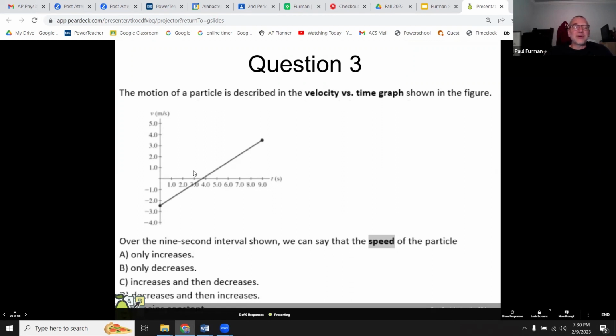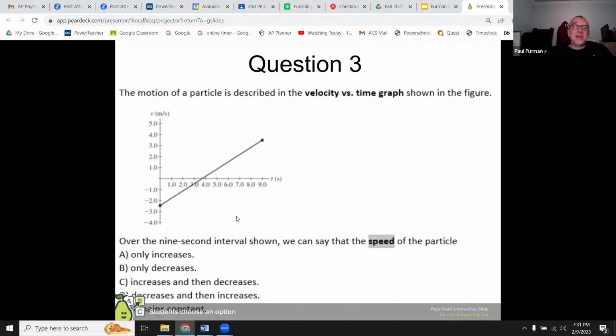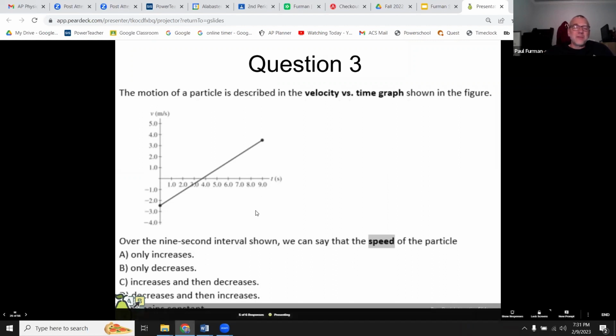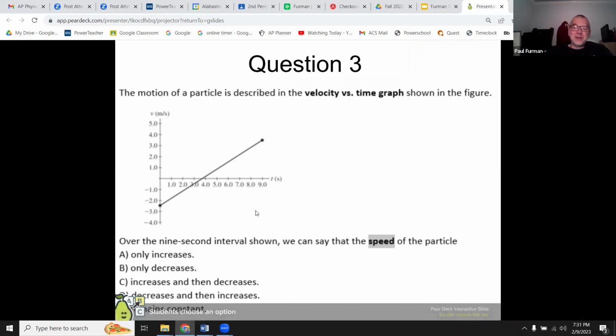Notice the signs are opposite and it's slowing down. But then if it crosses the axis, you'd be negative velocity, negative acceleration, and it would speed up. So on a velocity time graph, just ask yourself, is the graph approaching zero? If it is, it's slowing down. If it is getting farther away from zero, it's speeding up.